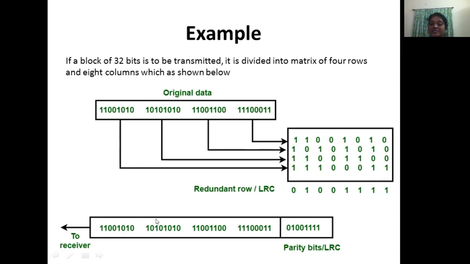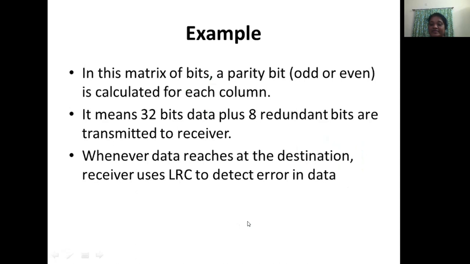That means the transmission of the frame has had an error. When the receiver adds up, there is one particular 1 here, so the LRC of the sender and the receiver will not match. So the receiver will discard the complete data sent by the sender.